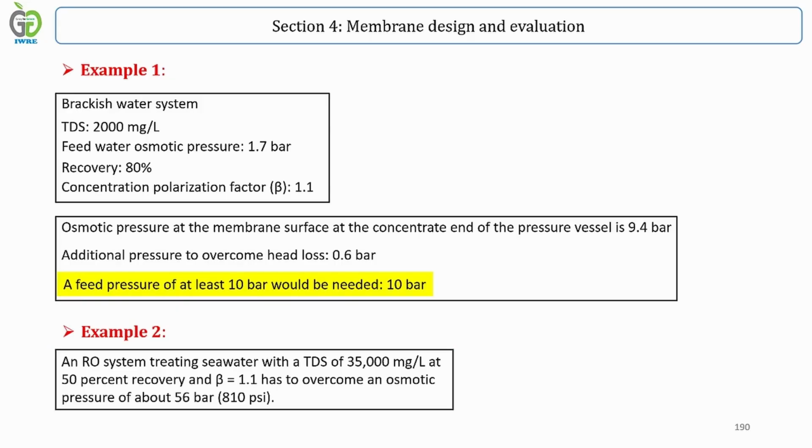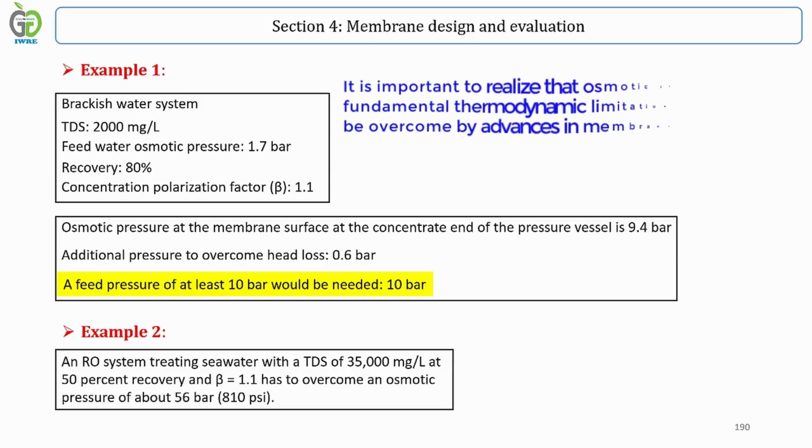Some seawater reverse osmosis systems operate at feed pressures as high as 85 bar. The feed pumps on such a system would consume 5.6 kWh per cubic meter or 30 to 40 times the energy consumption of a conventional surface water filtration plant.